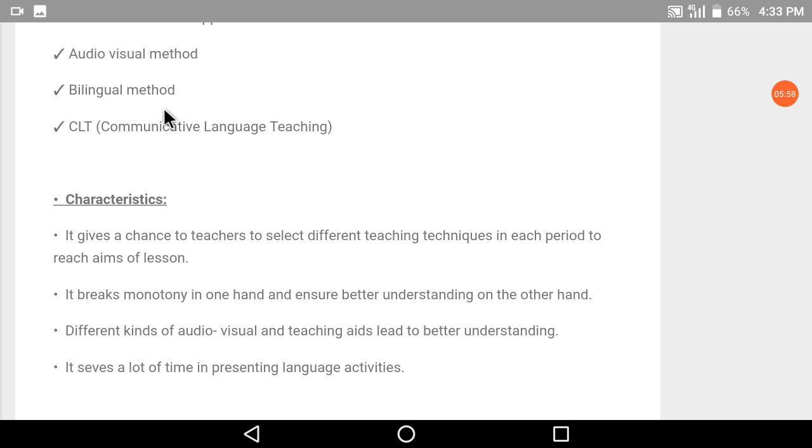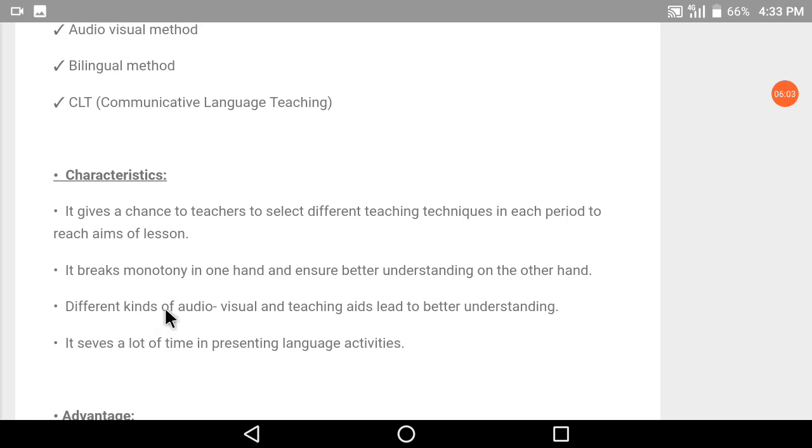Different kinds of audiovisual and teaching aids lead to better understanding. Means I am not giving students the option of which method they prefer. From the 15 students, some will go for the storytelling method, some will go for the grammar translation method. No, my one lesson will have all these methods, so students will understand the concept step by step.